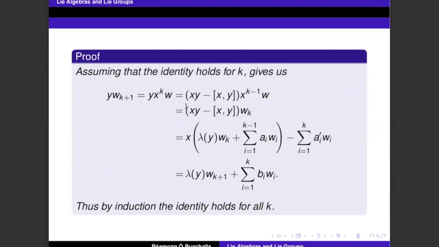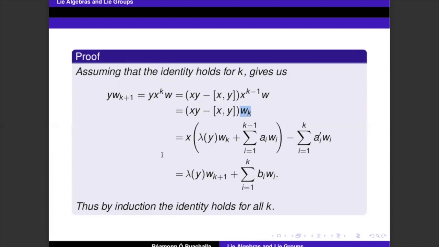Remember again, to repeat myself, we're in the general linear Lie algebra on V, and in there the Lie bracket is just the commutator. So this is true for exactly the same reasons it was true before. Now we're going to take this and just group it back together. This is this by definition. That's what's going on in this step here, because this thing here stays exactly the same.